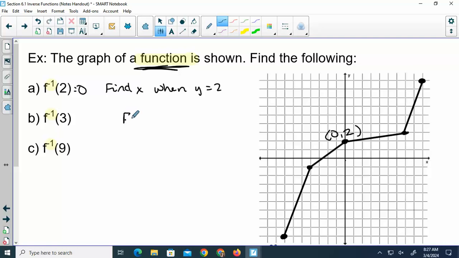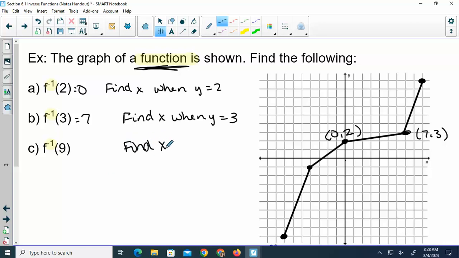So f inverse of 3 means find x when the y is 3. So when y equals 3, it's either 7 or 8. So f inverse of 9.